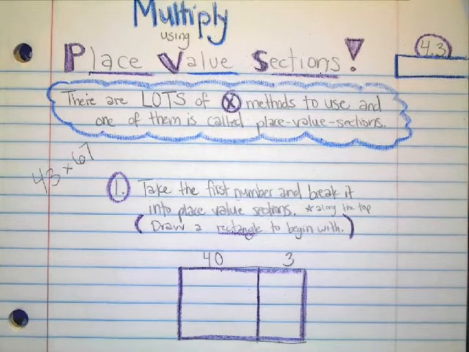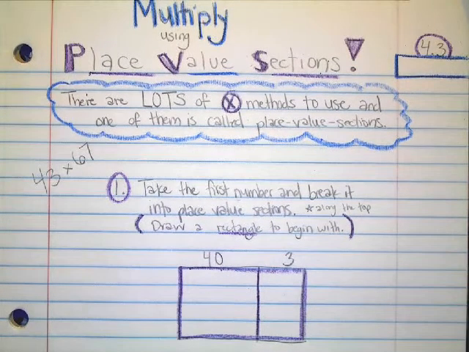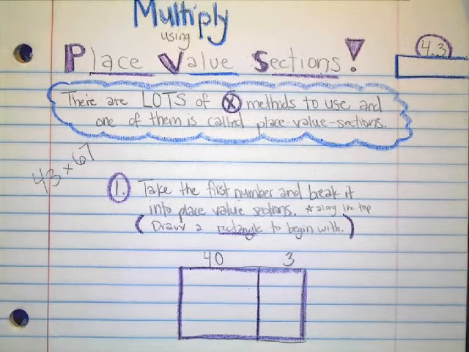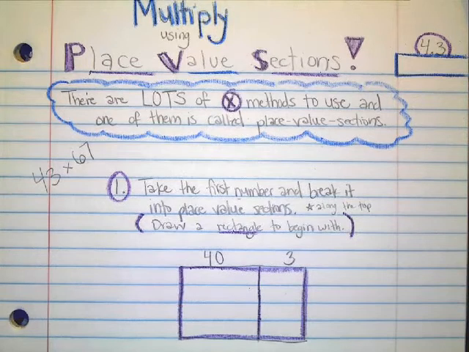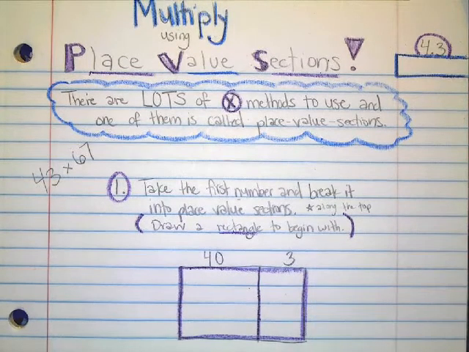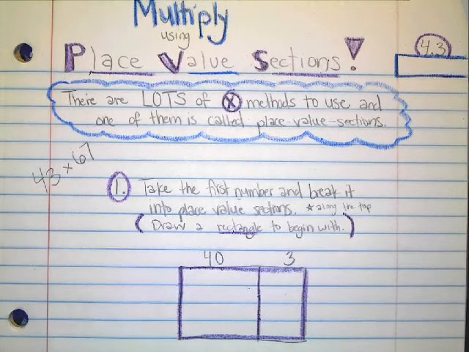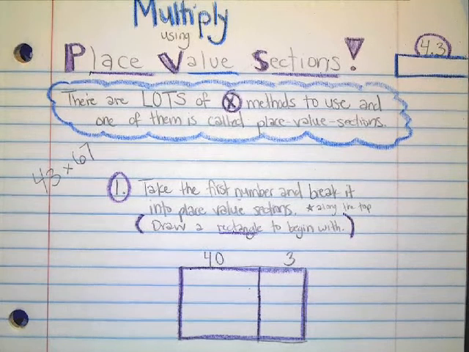We're going to be doing the same thing. Take the other number and break it into place value sections. And then we're going to put a little star on this one. And instead of saying along the top, we're going to say along the side.